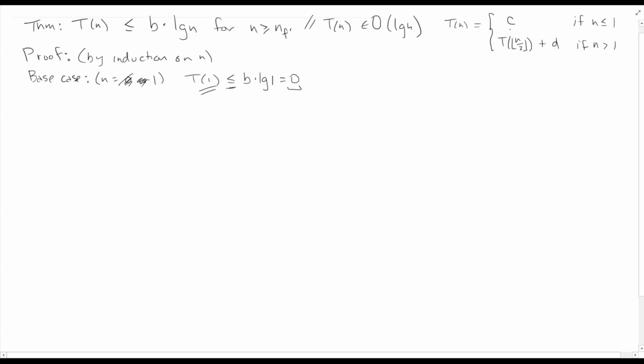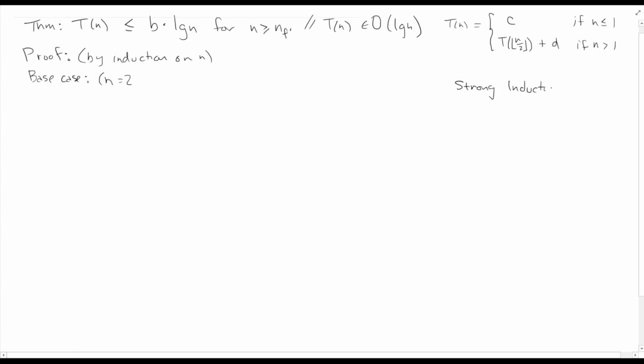T of 1, remember, is c. c is guaranteed to be a positive constant, so that's impossible too. So it looks like we need a new option, and in fact, our selection of a base case doesn't work at all. So actually, in this case, 2 is going to work for us, but we do need to be a little bit careful here. And here's where I really want to build a case for strong induction.